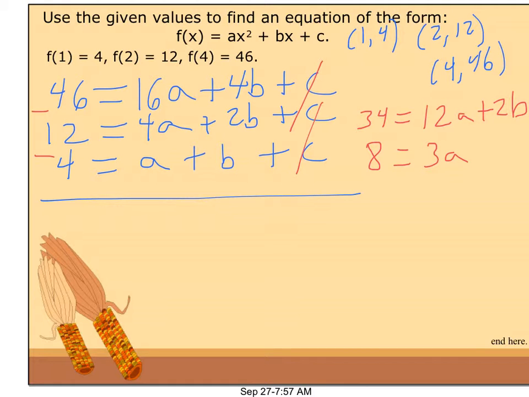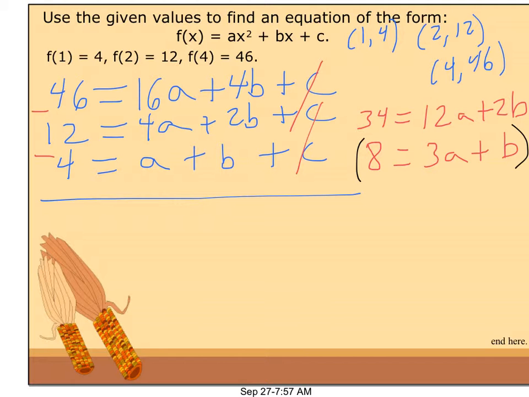And 2b minus b is b. All right, so I've got a system of 2 equations now with 2 variables, which compared to solving 3 equations with 3 variables, I'm looking pretty good. Okay, I've got it down to 2 and 2. This is going to need a little bit of work to solve.